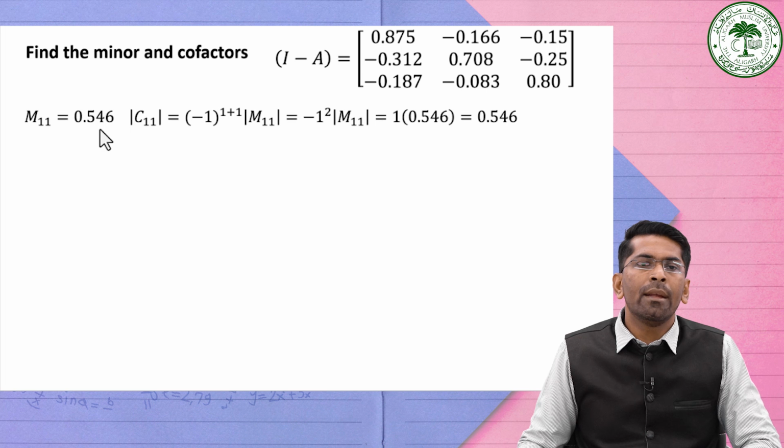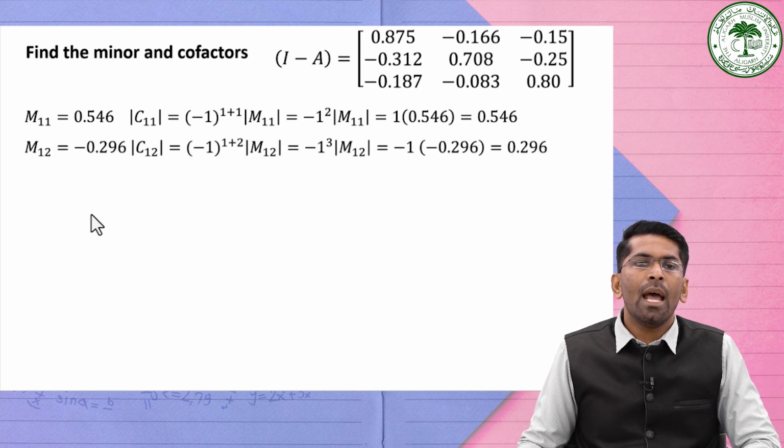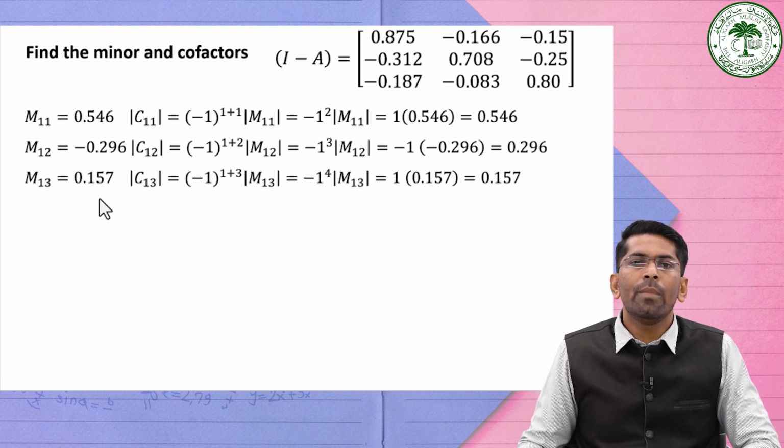After getting the minor, we calculate the cofactor, which is minus 1 raised to the power 1 plus 1, which is minus 1 squared into 0.546, equal to 0.546. Then the second minor, calculated here, is minus 0.296. Then it is minus 1 cubed, which is minus 1 into minus 0.296, equal to plus 0.296. The third minor is equal to 0.157, and we calculate the cofactor as well.